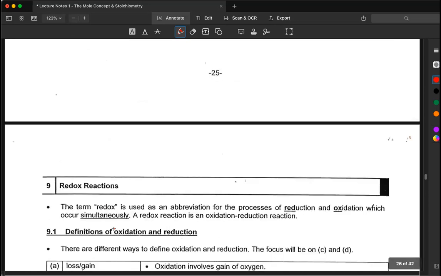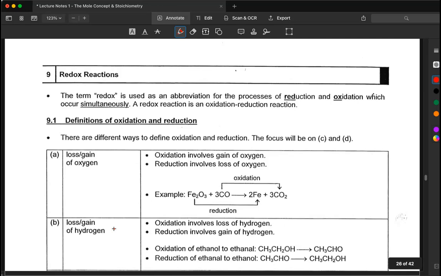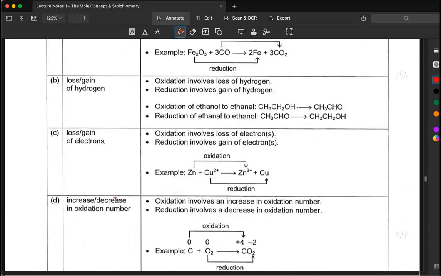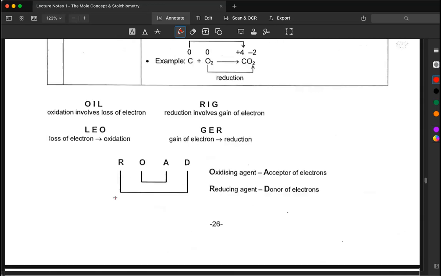Okay. Now let's move on to the next part on redox reactions. We will just focus on C and D. I think this one is something that we learned also, so I will just skip.